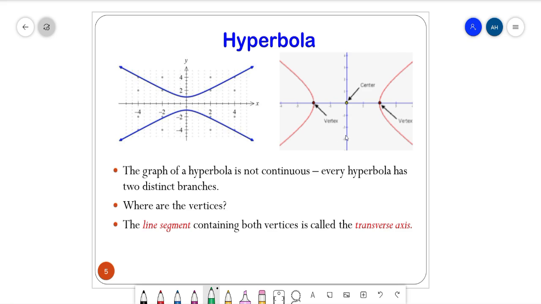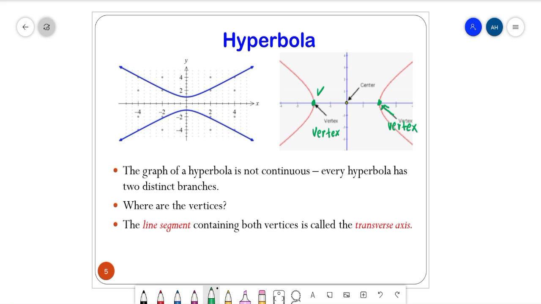Now, maybe we can highlight some of the important properties of a hyperbola. Number one, they have what we call a vertex. Look here, this is a vertex. Let me write it again. Vertex, like this. That's the vertex for the left hand side part. Now, on the right hand side, we have another vertex.